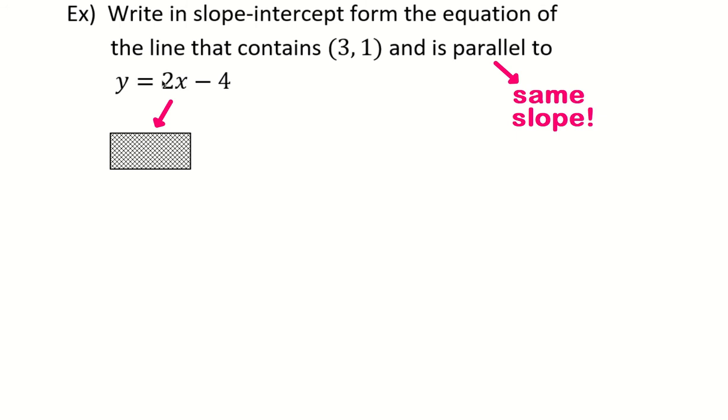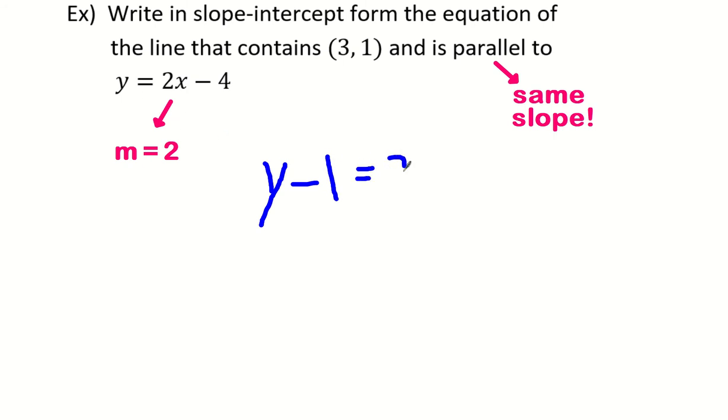So the slope of this is 2, because y equals mx plus b. So there we go, it's right there in front of my face. That's what I'm going to use for m. So I can do the same whole routine of y minus y1 equals m times x minus x1.